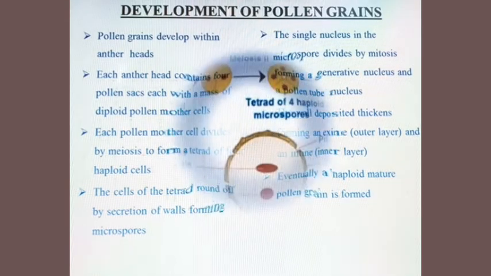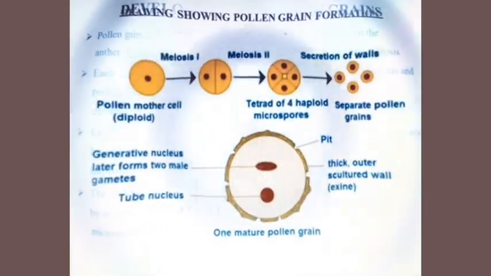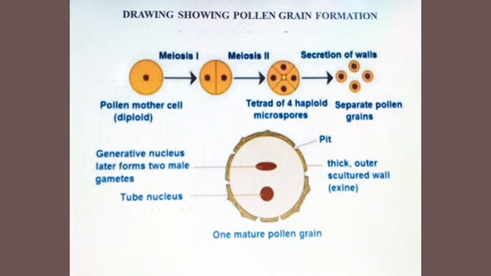So when we look at the entire process by virtue of images, you will see that our pollen mother cell, which is diploid, is going to divide by meiosis, both meiosis 1 and 2, to form a tetrad. This tetrad contains 4 haploid daughter cells. These daughter cells are going to be separated by secretion of walls, as we are seeing here, to become individual daughter cells.